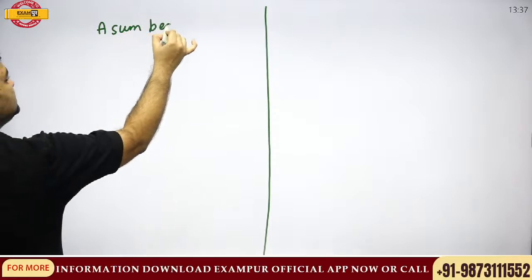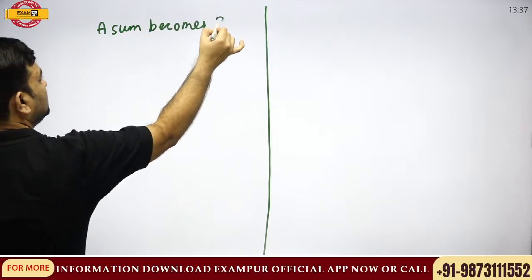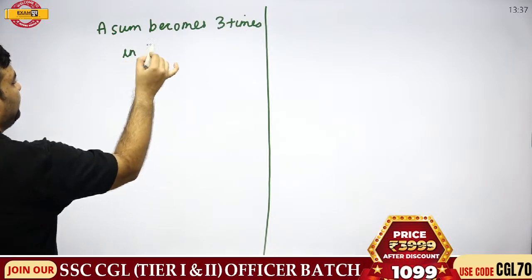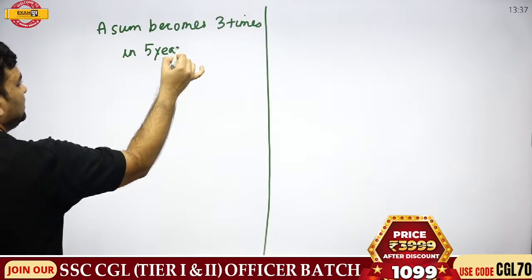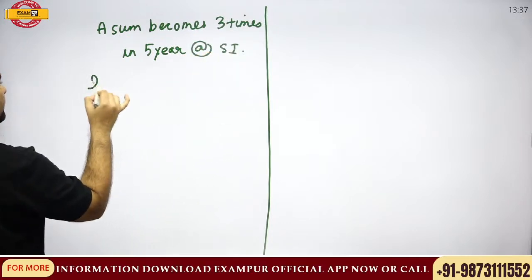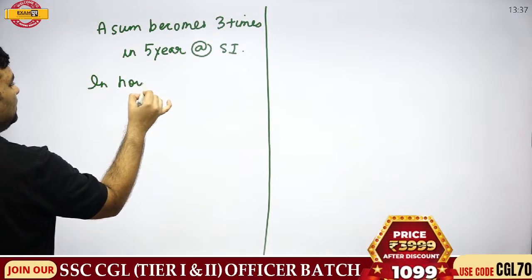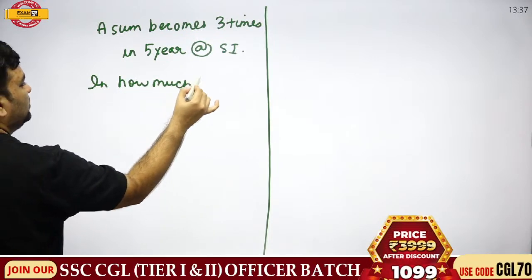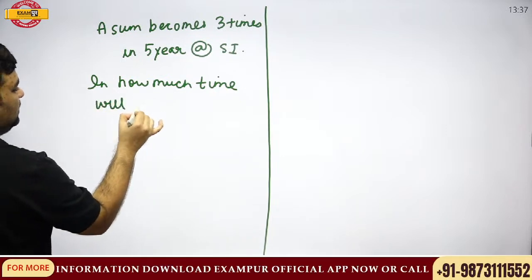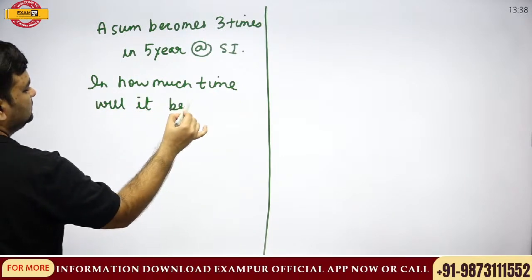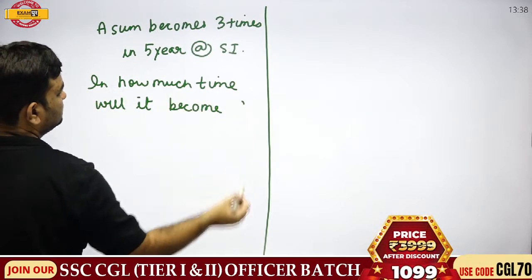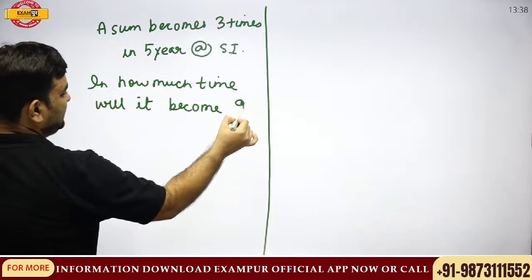A sum becomes 3 times in 5 years at simple interest. In how much time will it become 9 times of itself?